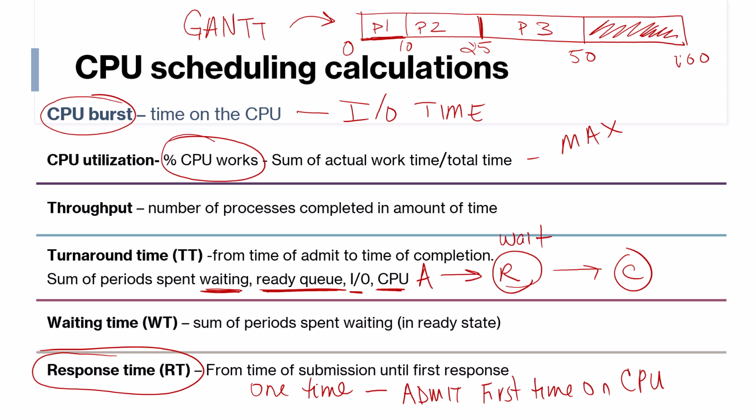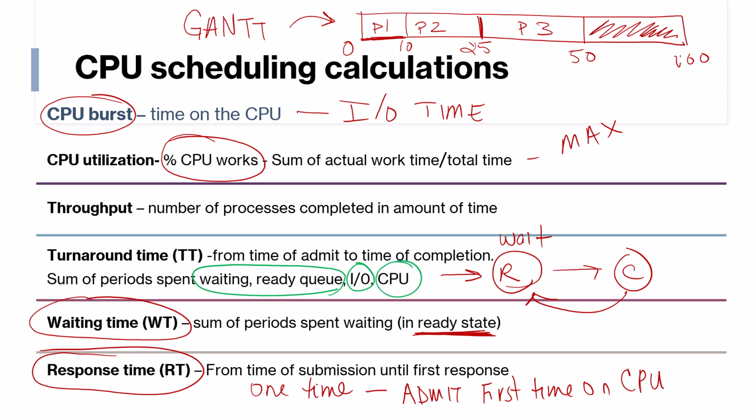Then it gets on the CPU and then it gets interrupted and goes around. Waiting time is the sum of periods in the ready state. Turnaround time is the sum of periods doing everything: waiting, which is the same thing as being in the ready queue, out in I/O, and on the CPU.